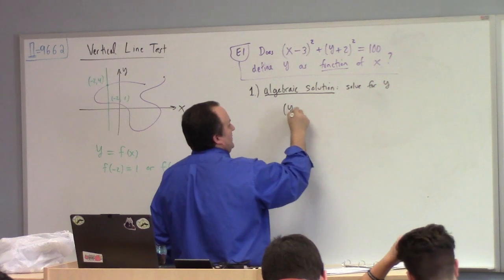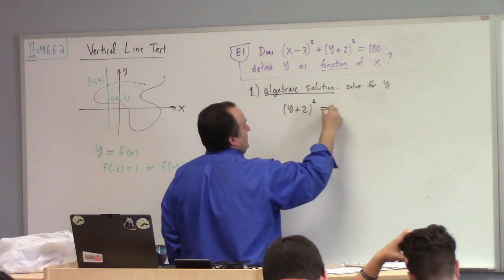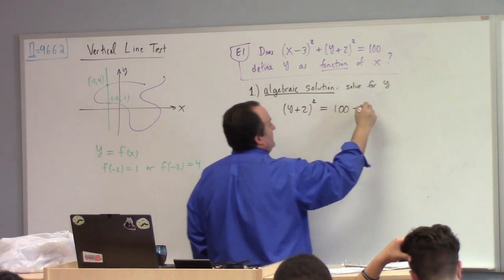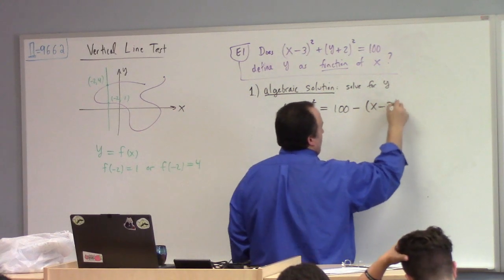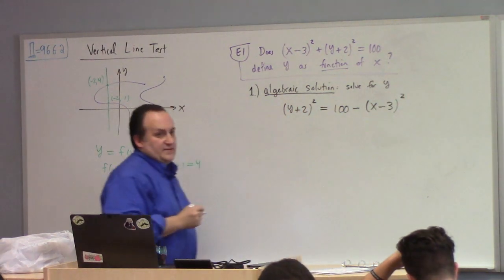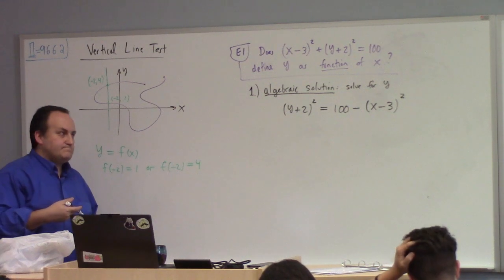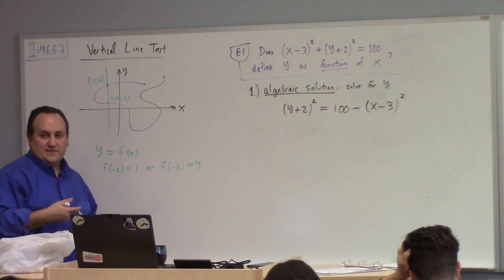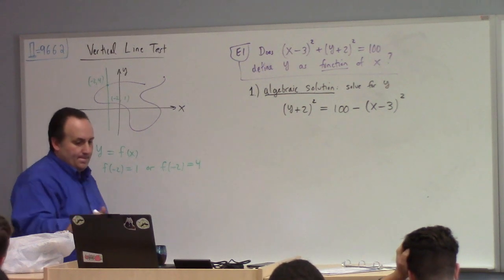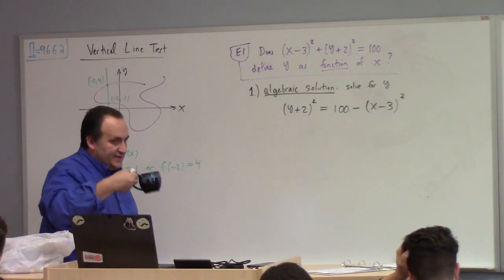I'll start us out. (y plus 2) squared is 100 minus (x minus 3) squared, right? So I've isolated the term with y, and then what do I use? Yeah, Michael? Square root. Square root property is correct, yeah.